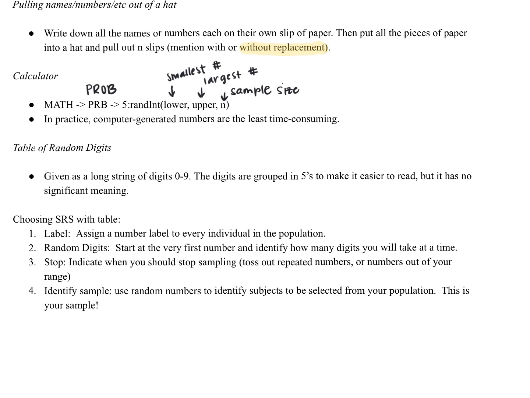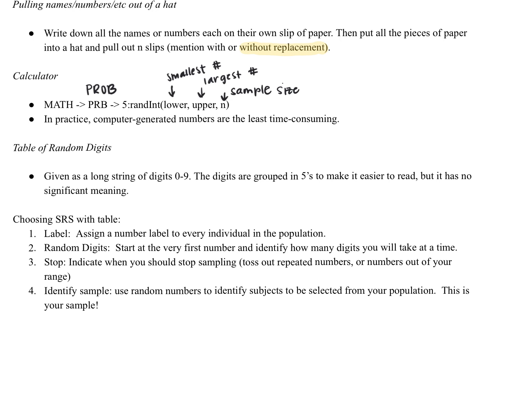So when it comes to using that table of random digits, what you would do is you first would have to label every individual in your population with a number. And depending on how large your population is, that determines how you assign your labels. And then from the table, you would start at your very first number, identify how many digits you're going to be taking at a time and separate them.